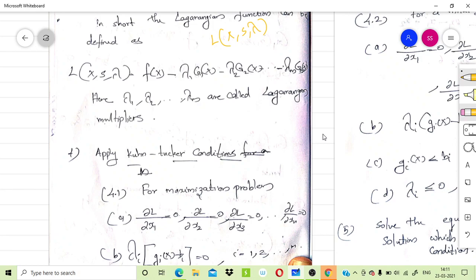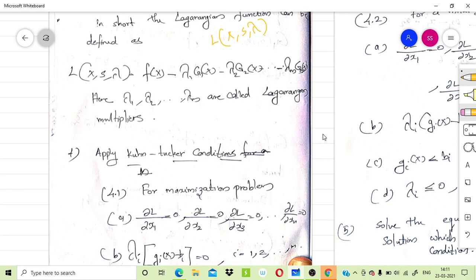Then we will apply the Kuhn-Tucker conditions, which are defined differently for maximization problems and minimization problems. If it is a maximization problem, you have to apply one set of Kuhn-Tucker conditions, and for a minimization problem you have to apply another set.